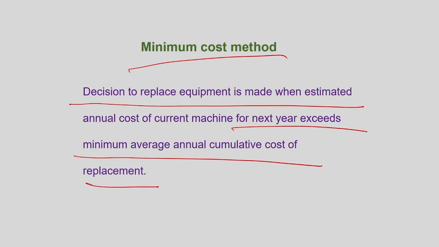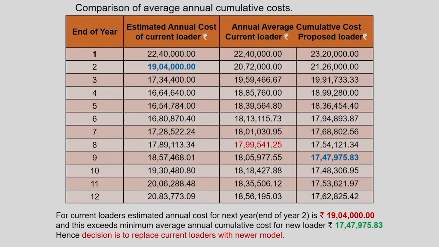Okay. So, you are going to compare the annual cost of the current machine for the next year with the minimum average annual cumulative cost of the proposed machine. Okay. When the annual cost of the current machine is higher, that is the time you have to plan for the replacement.